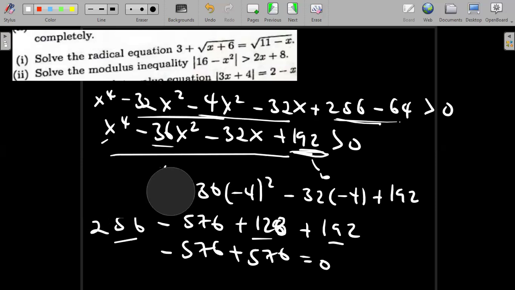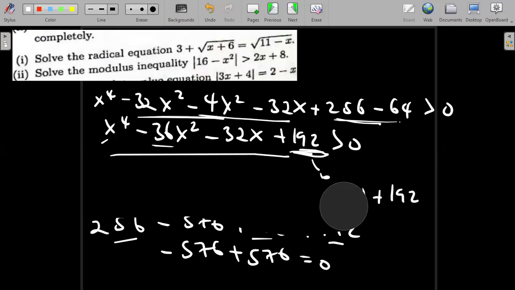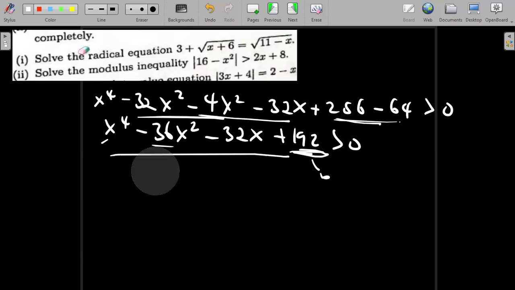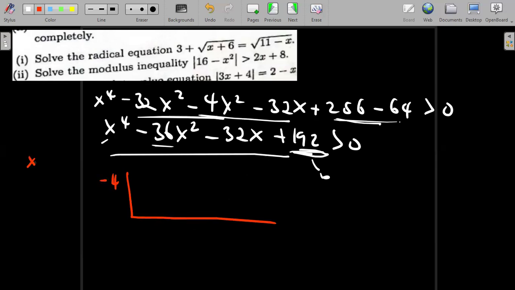So I can use that to divide using synthetic division. I'll say I have my negative 4, because it's x equal to negative 4, which is a factor.